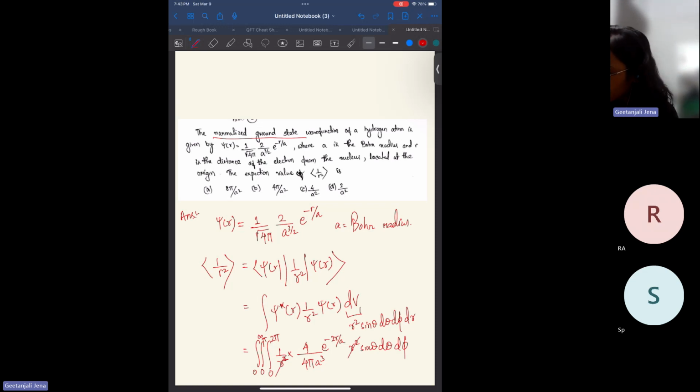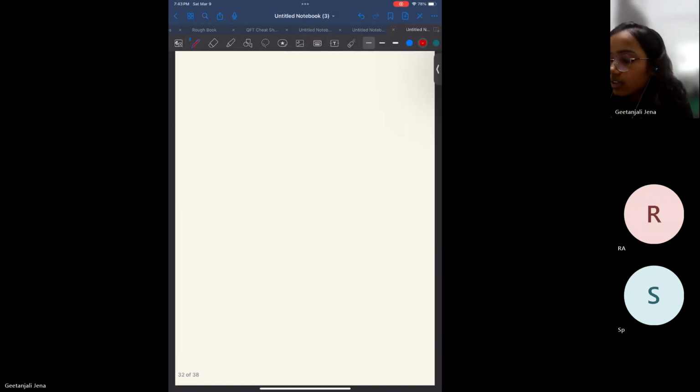So this r square will cancel, and the integration of 0 to 2 pi d phi will be 2 pi, and the integration of 0 to pi sin theta d theta will be 2.